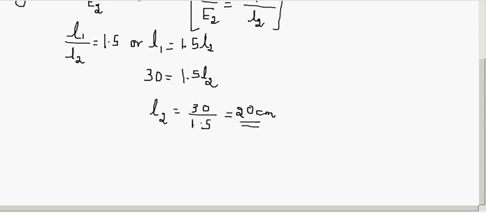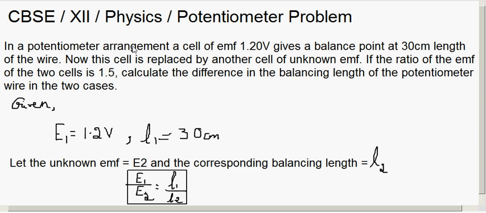Now what is the question? We are asked to calculate the difference in the balancing length of the potentiometer wire in the two cases.